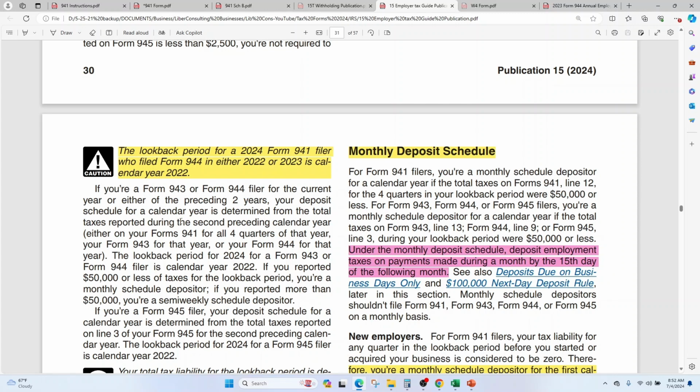So your deposit schedule for a calendar year is determined by the total tax reported during the second preceding calendar year, either on Form 941 for all 4 quarters of that year, or Form 944 for that year.